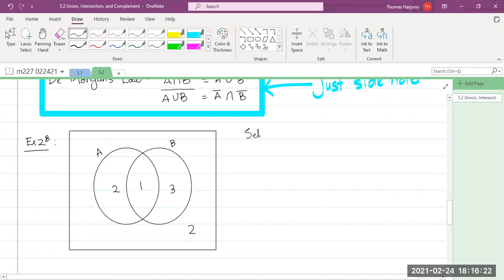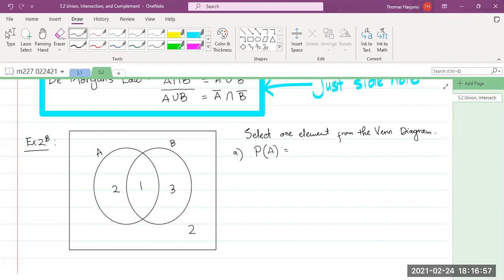Select one element from the group, or from the Venn diagram. Okay, and then let's say part A. Find the probability of getting an element from A.